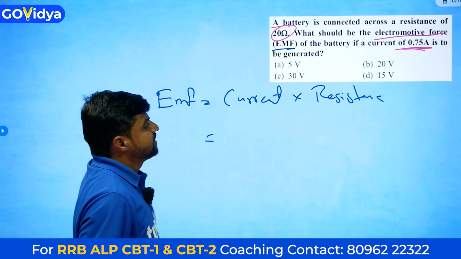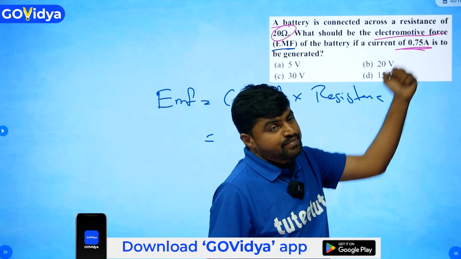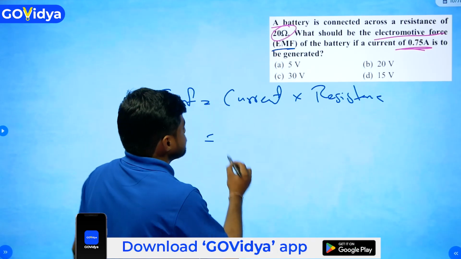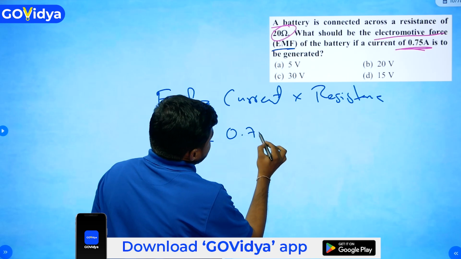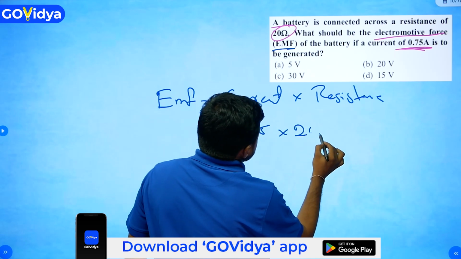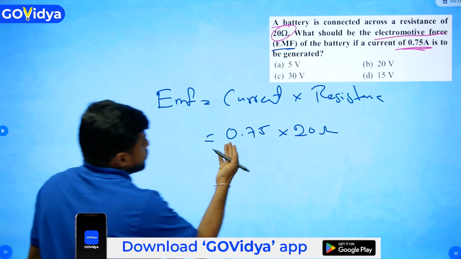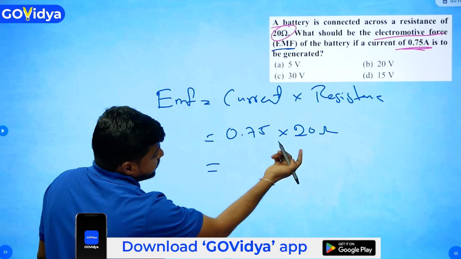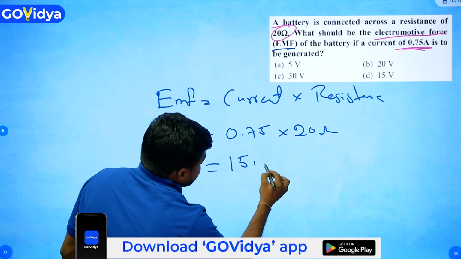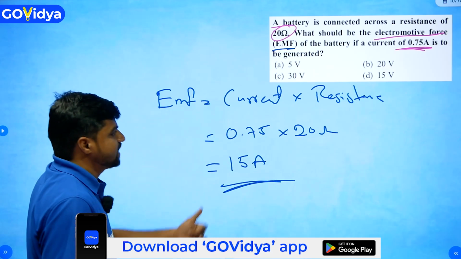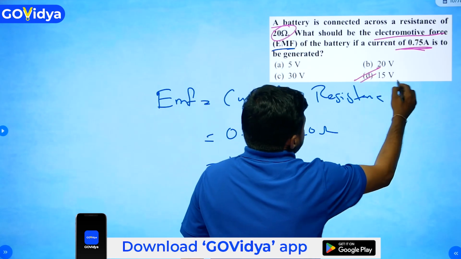Current is 0.75 amperes and resistance is 20 ohms. 0.75 into 20, we will get 15. 15 is the correct answer. Option D is the correct answer.